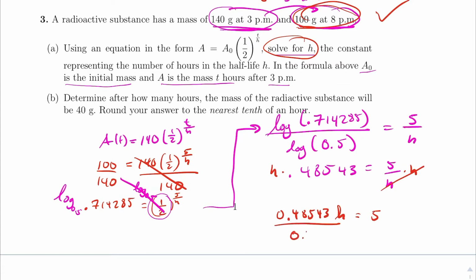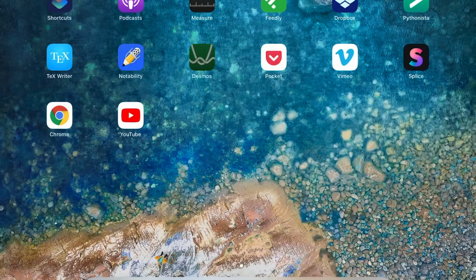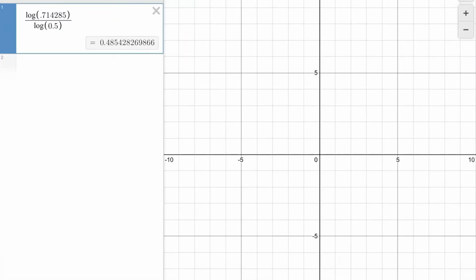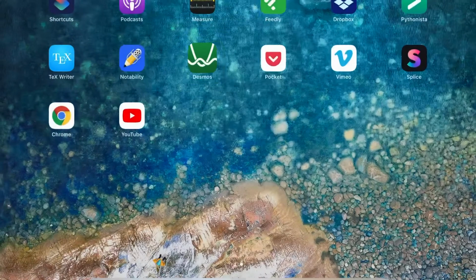We divide by 0.48543 on both sides, and we get h is equal to 5 divided by 0.48543. So h is about 10.3.